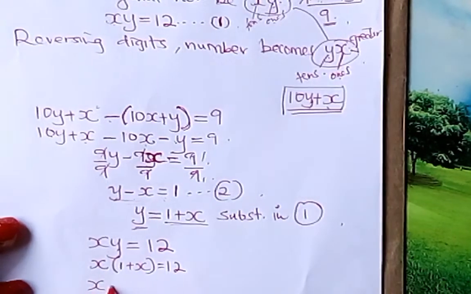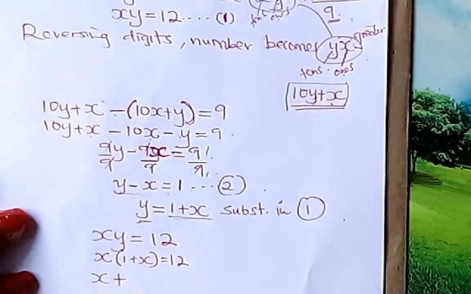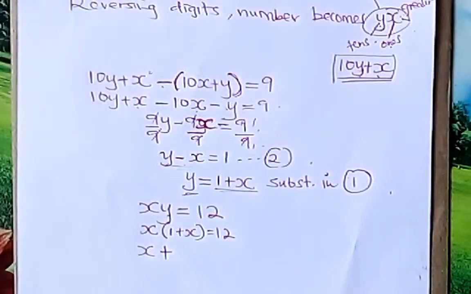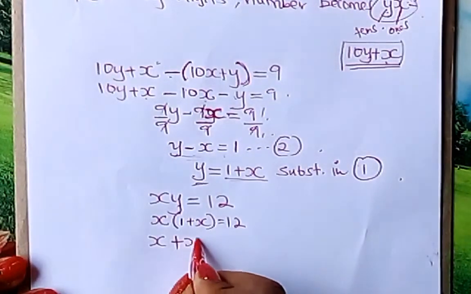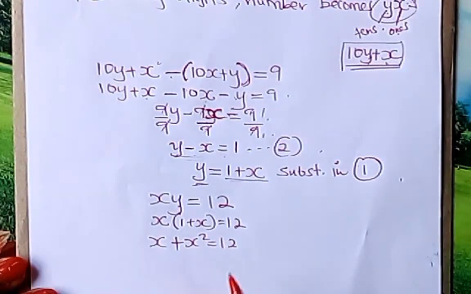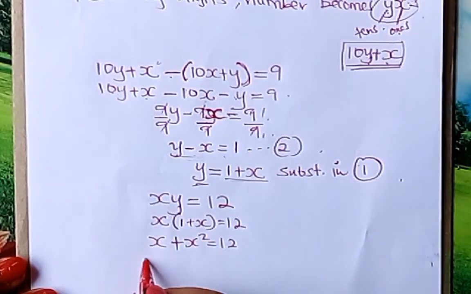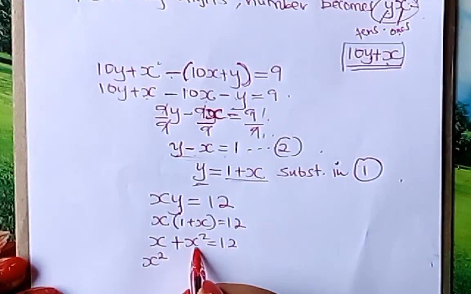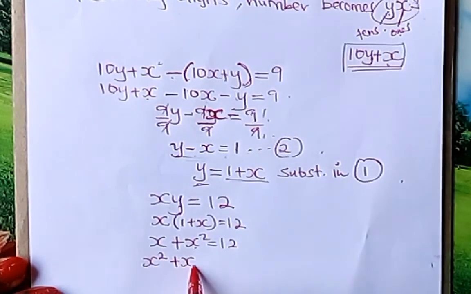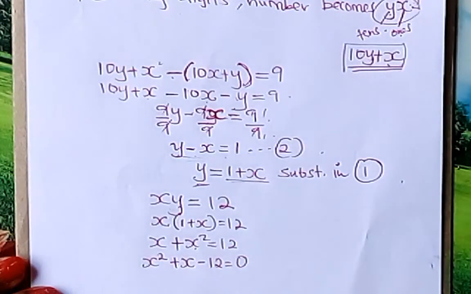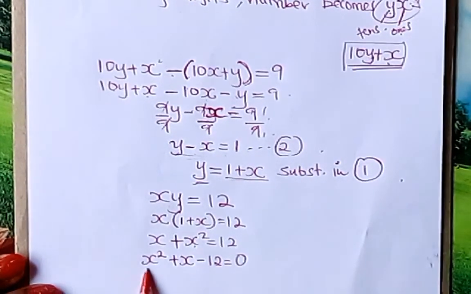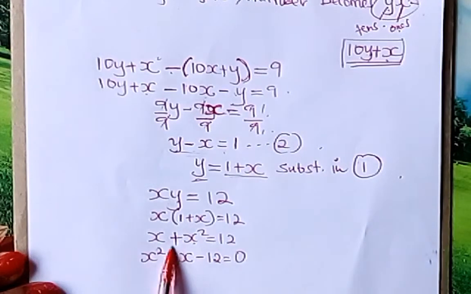Remove the bracket, you get x plus x squared is equal to 12. Bring this to this side. As you arrange these, you can start with x squared plus x minus 12 is equal to 0. And therefore, you have formed a quadratic equation.